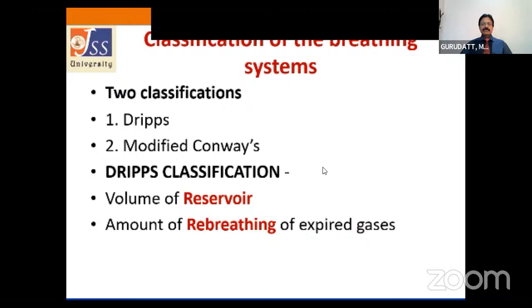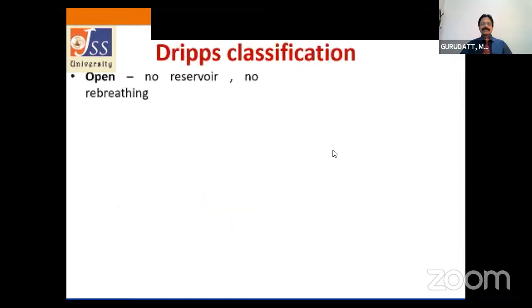Let us discuss the Dripps classification, because as an examiner I have seen many times that whenever I ask students, invariably they talk about the Dripps classification only. They start telling that circuits are classified as open, semi-open, semi-closed, and closed. Nowadays, because there is a lot of confusion with this classification, you can tell about it if the examiner asks, but it is better to talk about Conway's classification, which I'll come to.